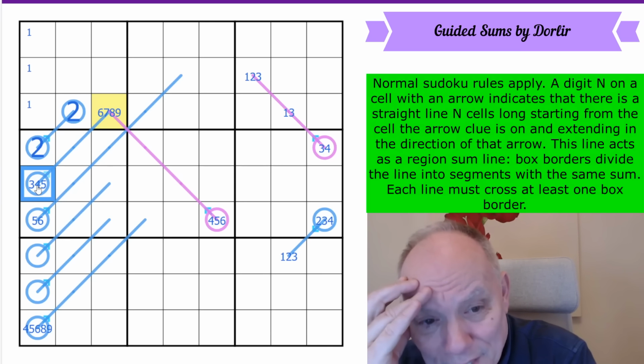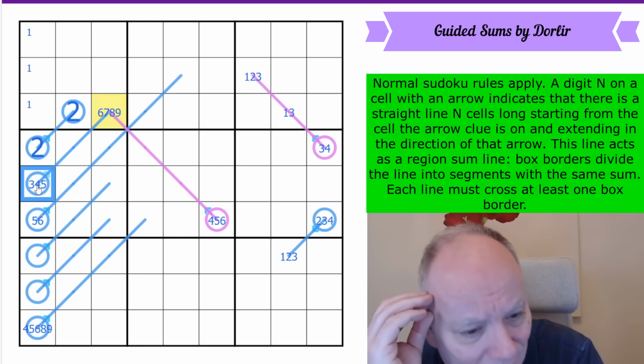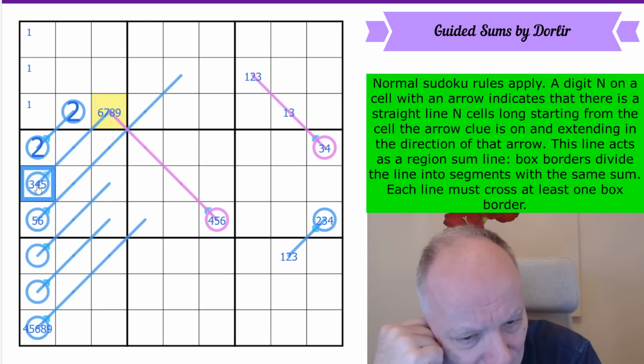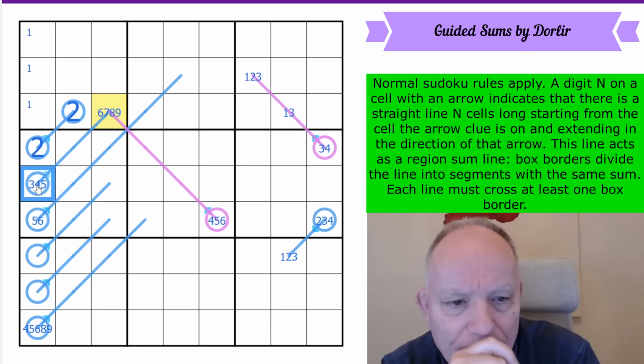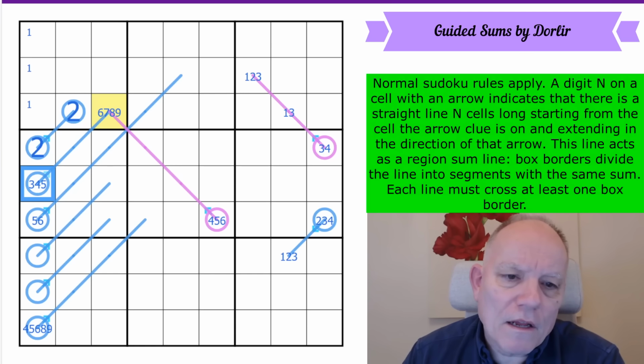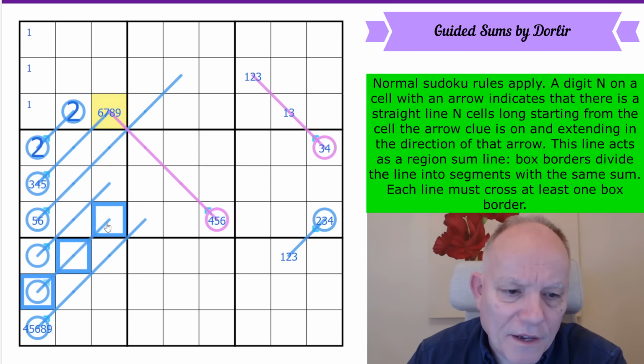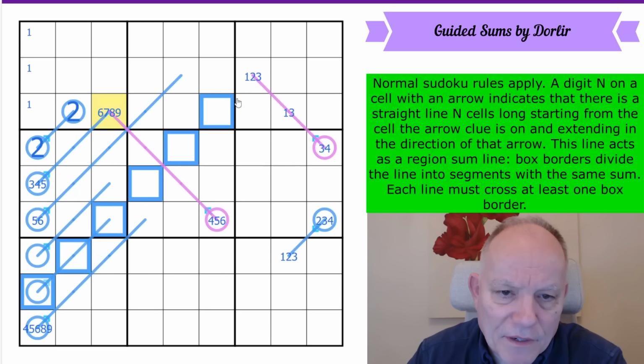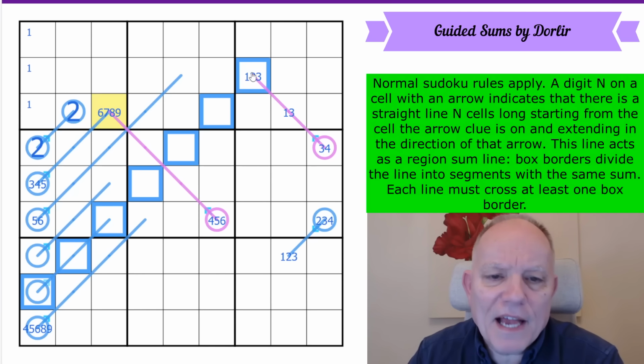I can't quite see my way through, but it's so clever. You can probably see something that I'm not noticing about how these digits work. Right, I've just had the notion that I haven't thought of before, that if this line carries on and to be at least a 7, it's going to pick up that cell.